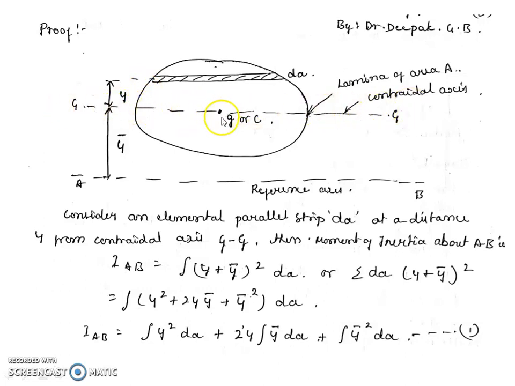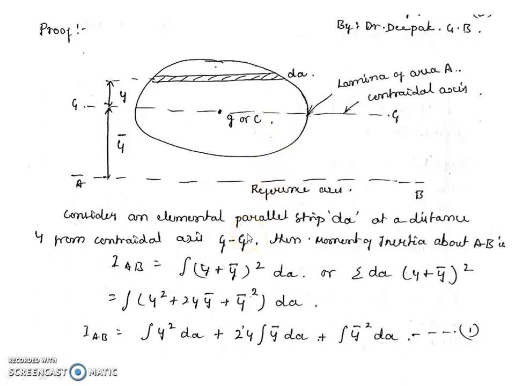This G is the centroid of the whole area, and the axis passing through G is GG, the centroidal axis. And this AB is the reference axis, at a distance y bar from the centroidal axis.